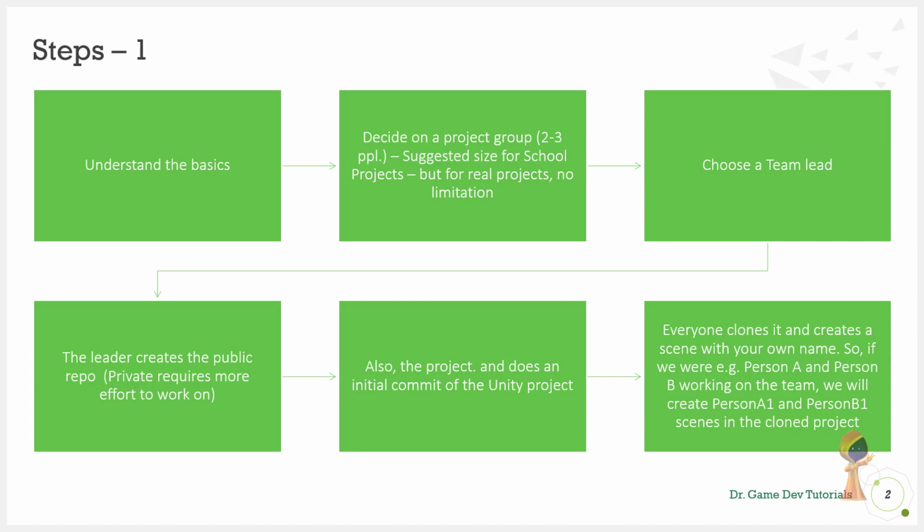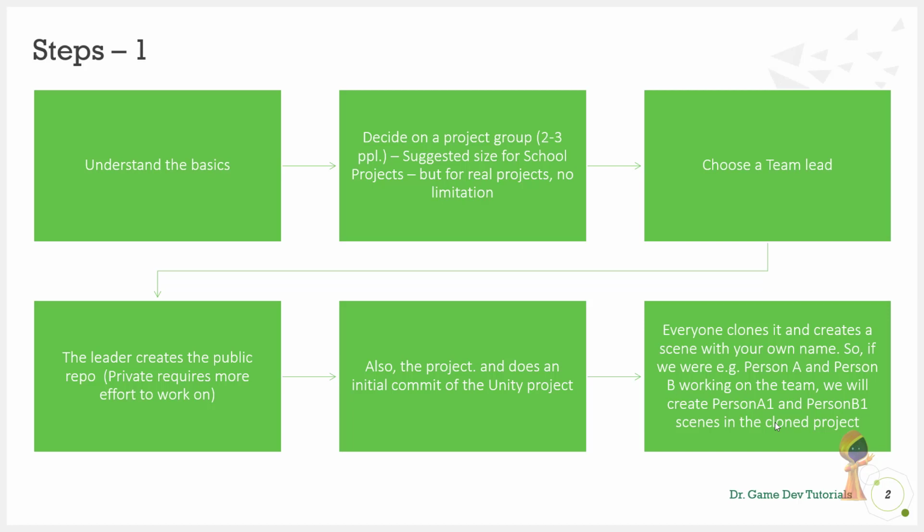And afterwards, you can keep working. I suggest you work on individual scenes. So, for example, there's a person whose first name is Person A, very intuitive names, I must say.